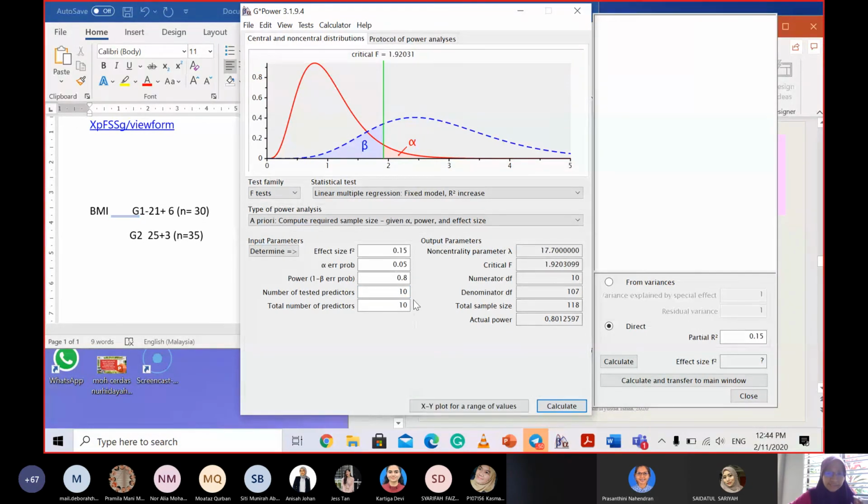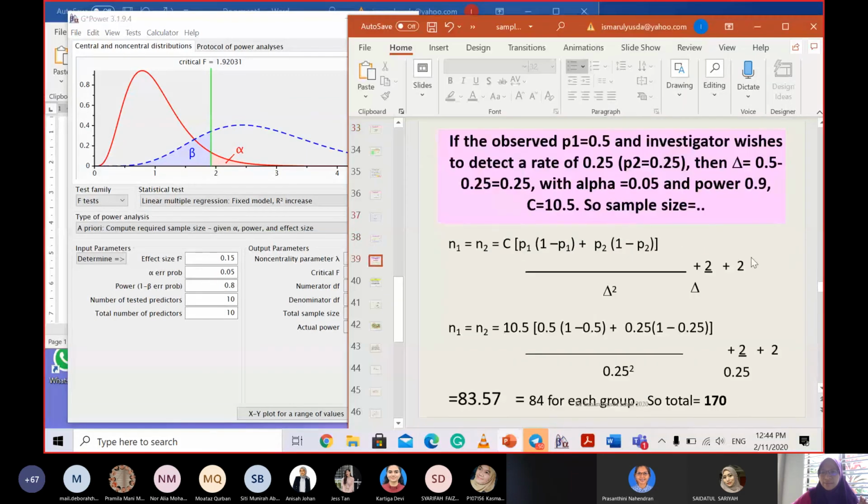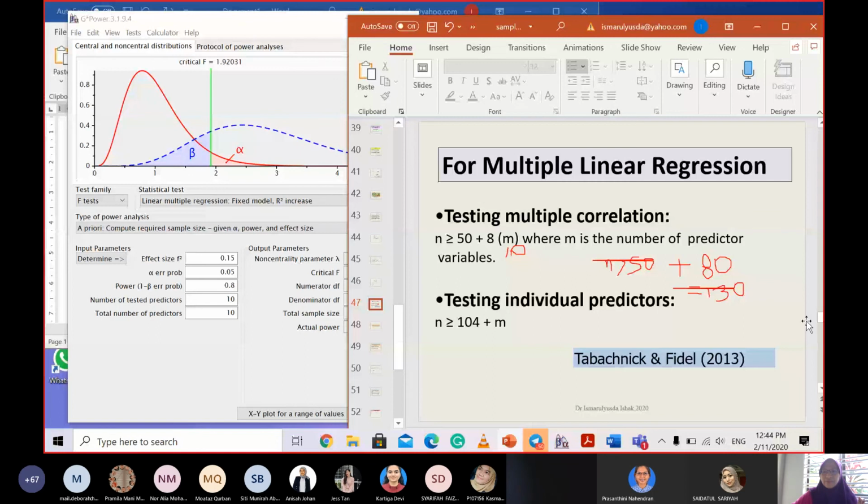This is different from my calculation from Tabachnick and Fidell's rules of thumb, where I need 104 for 10 predictors.